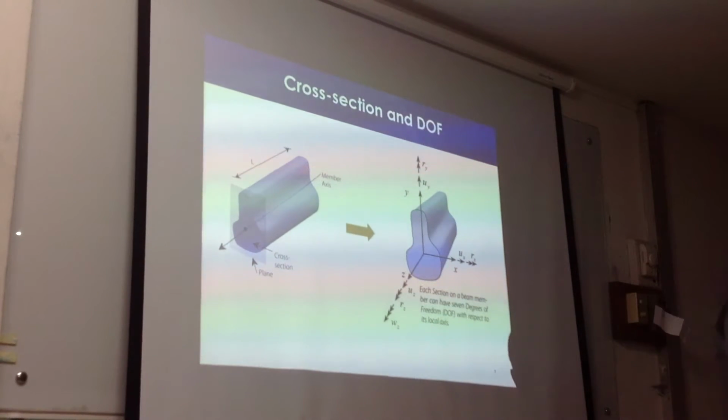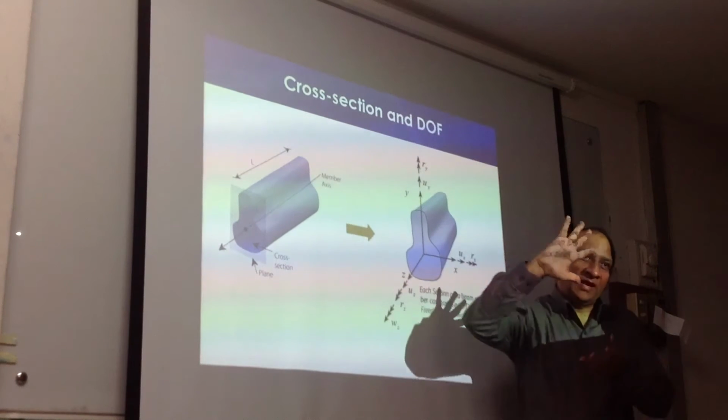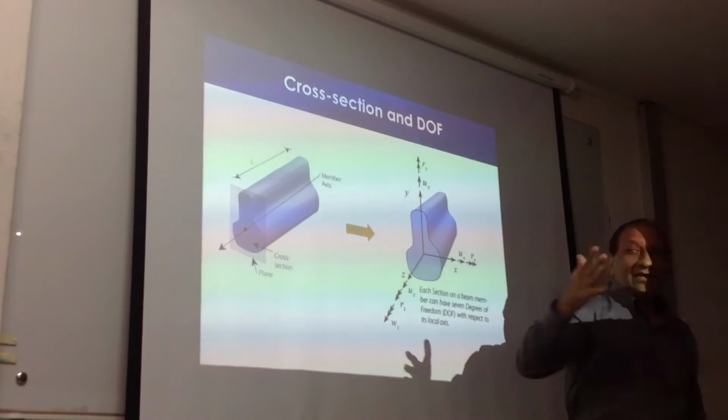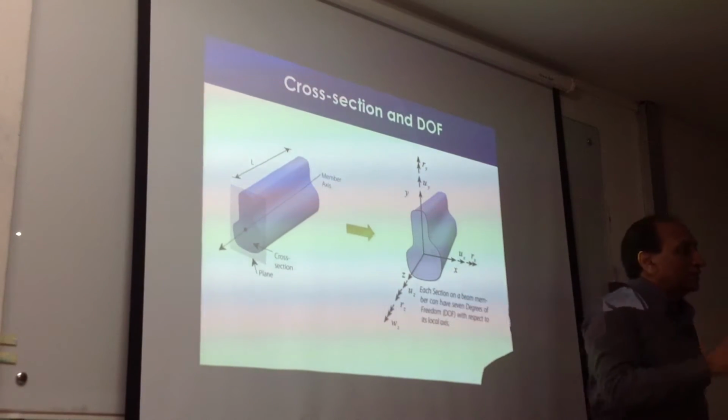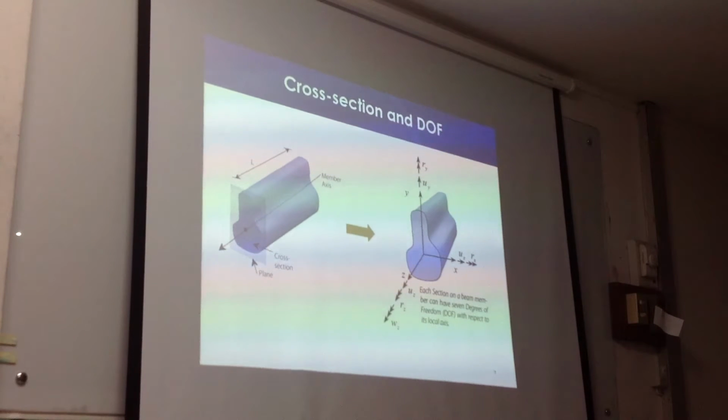So what is warping? Warping is the twisting of this plane. Normally, for all of the others, the assumption is that the plane remains plane after deformation. Correct? That is what you have learned, that after deforming, the plane remains a plane. But warping says that no, the plane does not remain a plane, the plane also becomes distorted.